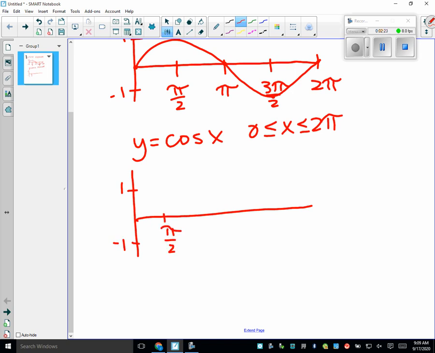Pi over 2, pi, 3 pi over 2, and 2 pi. And where do we mark 1? Here, and here. And it is curved, right? They're both curves.